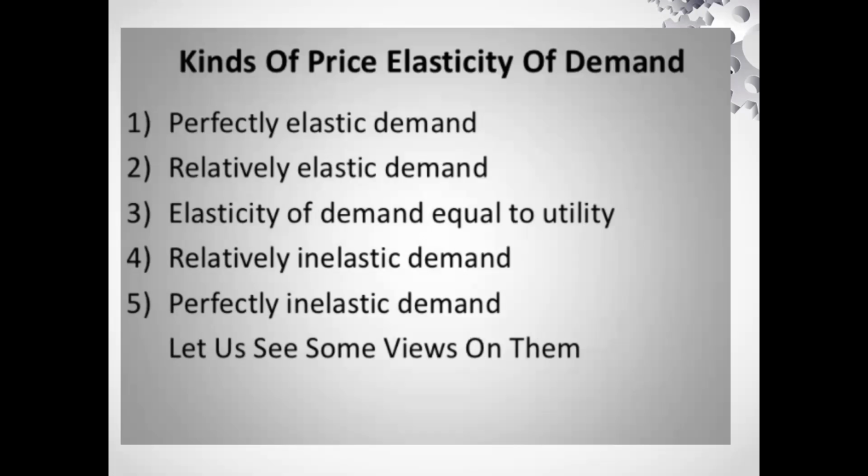That is, perfectly elastic and inelastic are 2 types, relatively elastic and inelastic are 2 types, and when both are balanced, we call it elasticity of demand equal to unity. Okay.